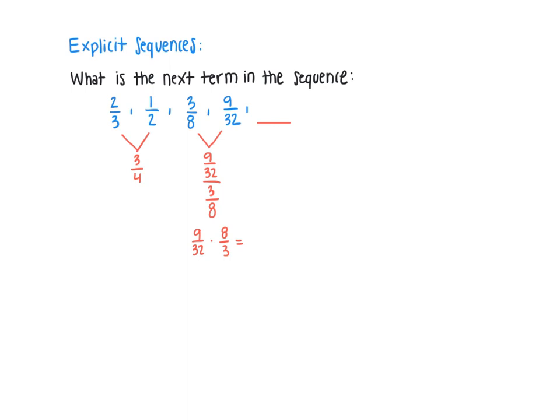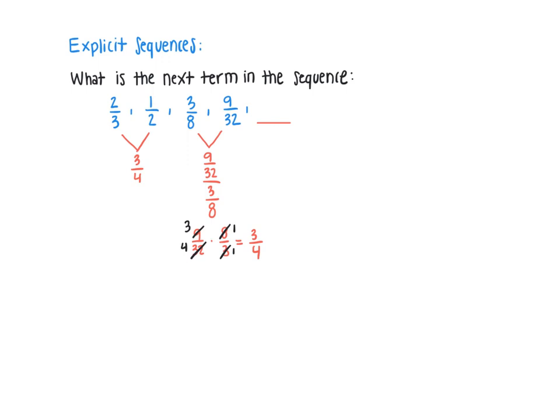So I know that the 9 and the 3 share a factor of 3 in common. So this becomes 3, this becomes 1. And I also know that 8 and 32 share a factor of 4 in common. So this becomes 1, this becomes 4. And clearly, we can see that our final answer comes out to 3 over 4, which is the exact same relationship that we saw between the first two numbers.